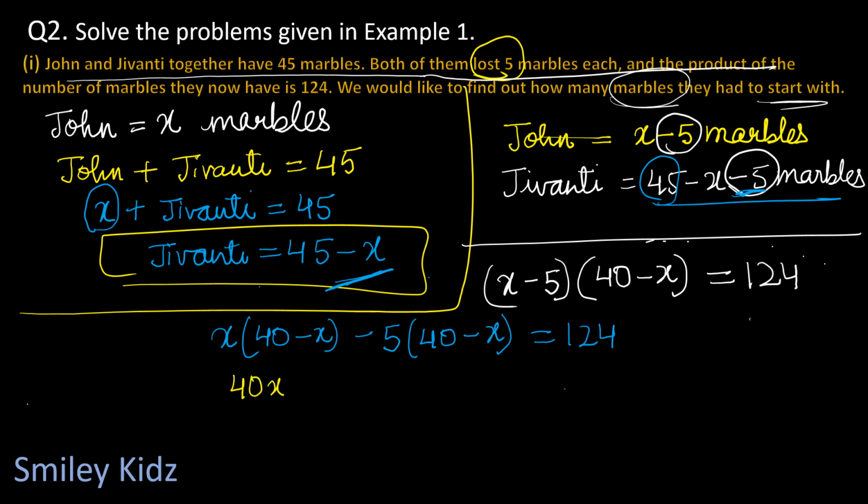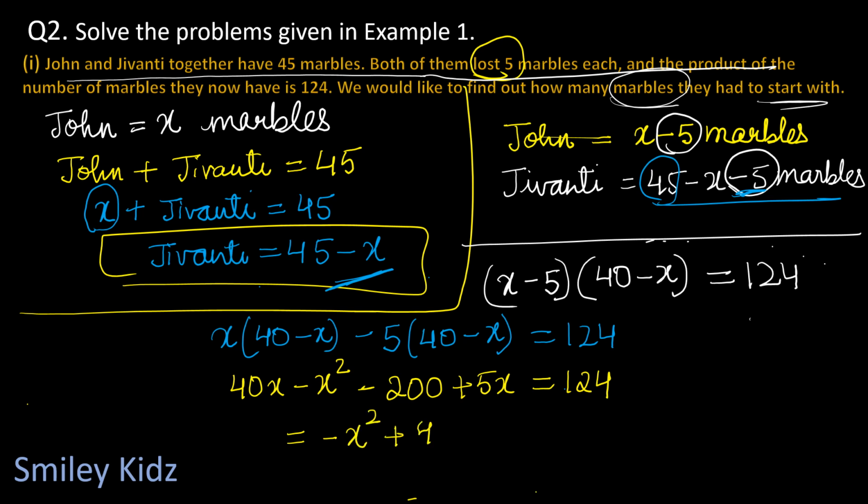40x minus x square minus 200 plus 5x equals 124. This turns out to be minus x square plus 45x minus 200, because here we have 40x plus 5x, which turns out to be 45x.